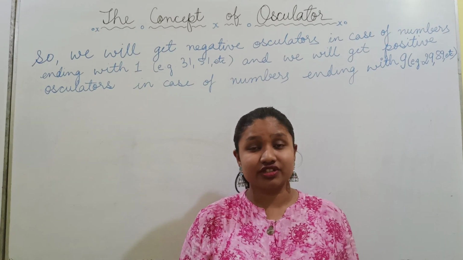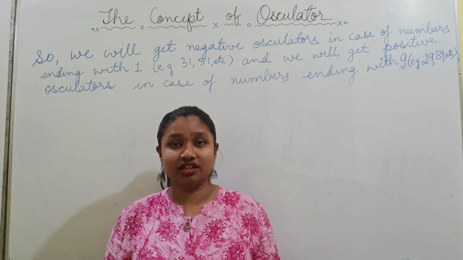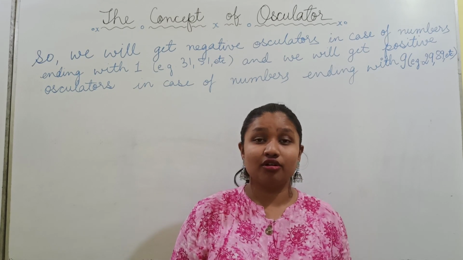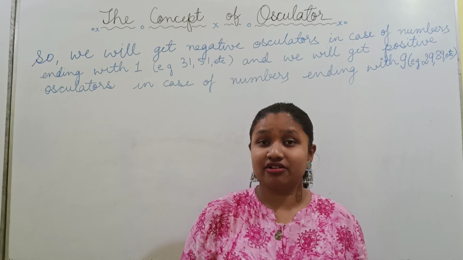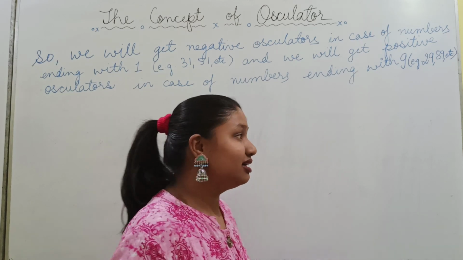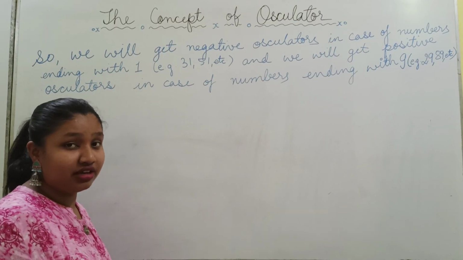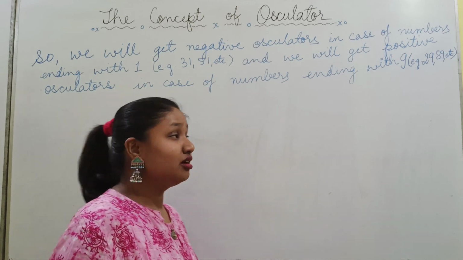So, in case of 7, we know 7 twos are 14, 7 threes are 21, and by subtracting 1 from 21, we will get a multiple of 10, right? So, here we will take the third multiple of 7 and then find out the osculator of 7.